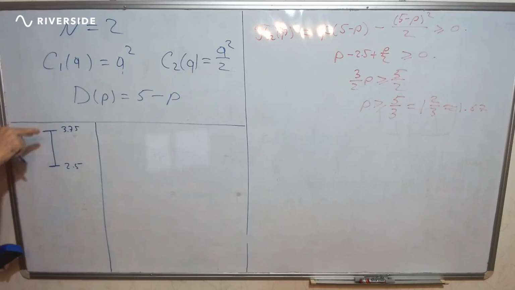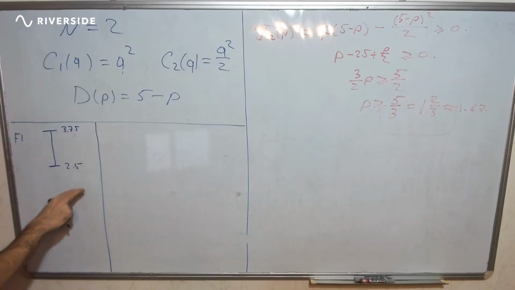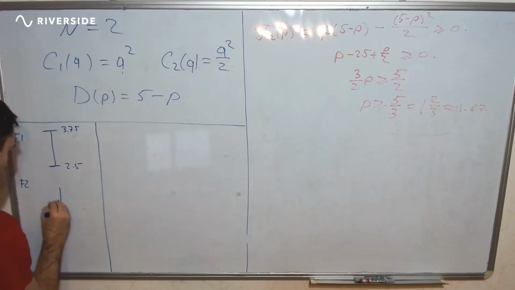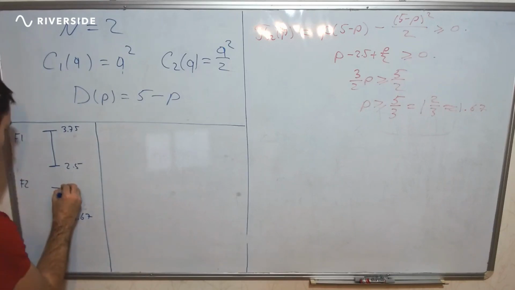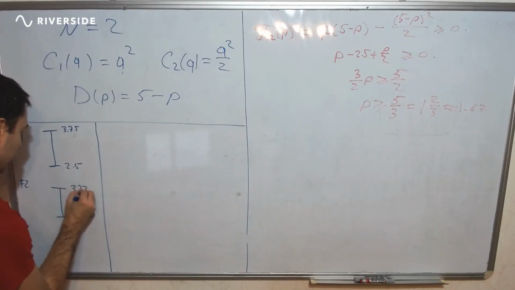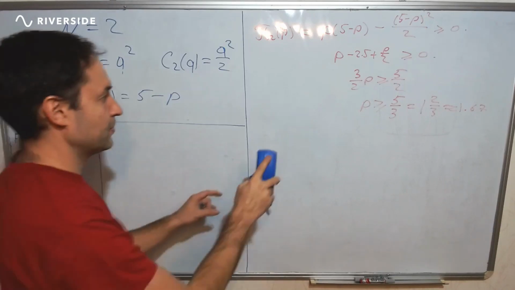It doesn't want to go higher than that because if it's alone, this is the monopoly price, and this is the lowest sustainable price. And for firm 2, these numbers are 1.67 at the bottom and 3.33 at its monopoly price. Okay.